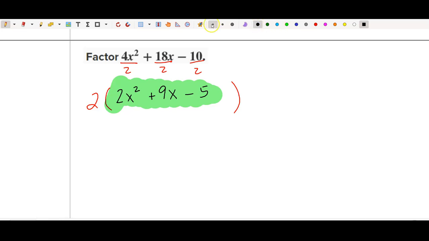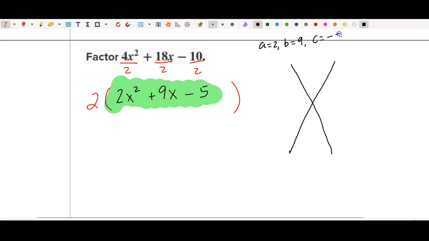So what we're going to do from yesterday is we're going to put our x down on the paper. Remember from yesterday, we're going to put a times c on the top of the x. So if you look at our problem here, a is now 2. So a is 2, b is 9, and c is negative 5.